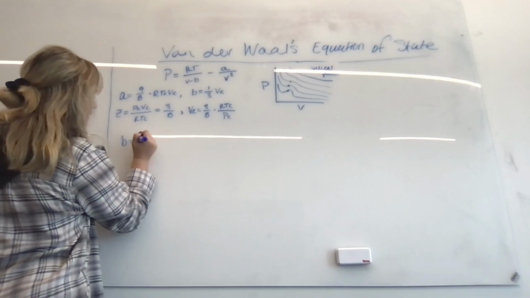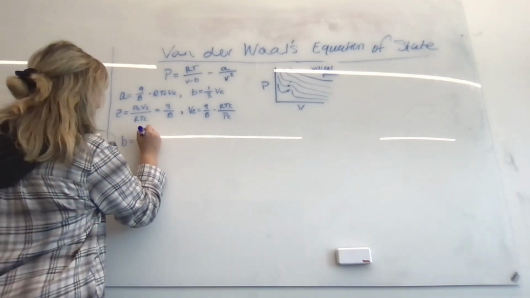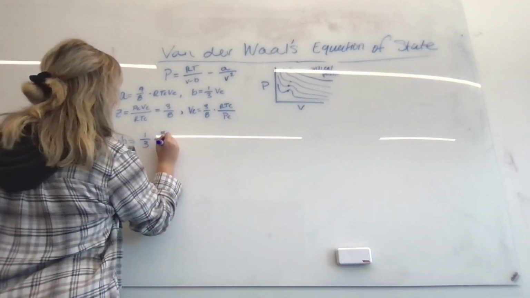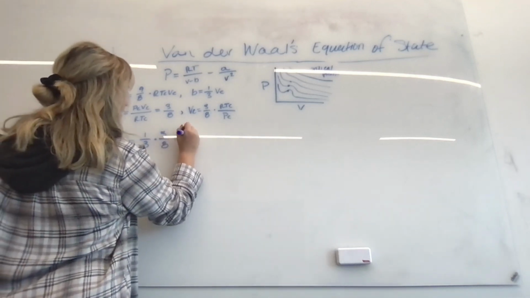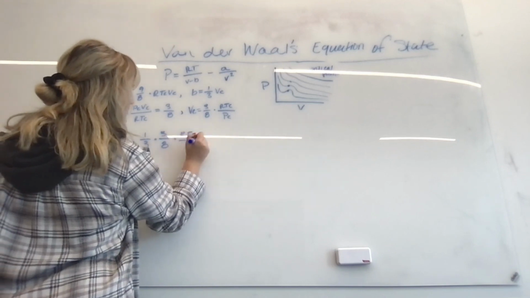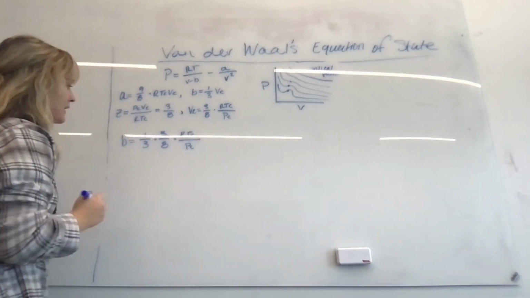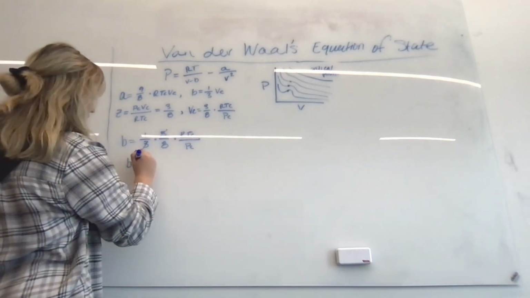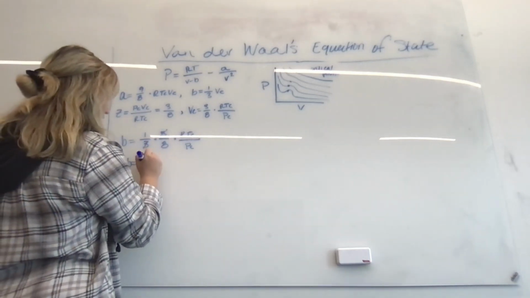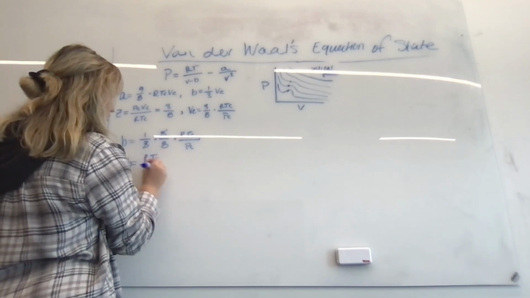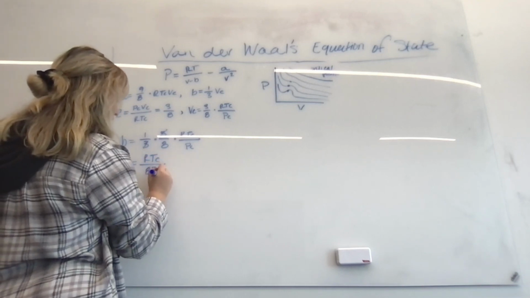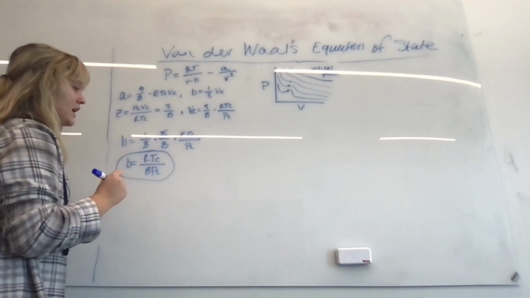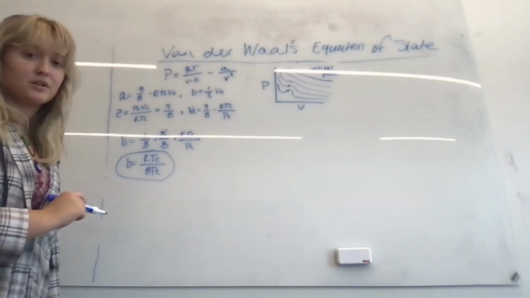Our B is equal to 1/3 times 3/8 times R times our critical temperature over our critical pressure. Now these 3's here will cancel out, and that leaves us with B is equal to R times our critical temperature over 8 times our critical pressure. And that is our actual value of B for any non-ideal gas in critical conditions.